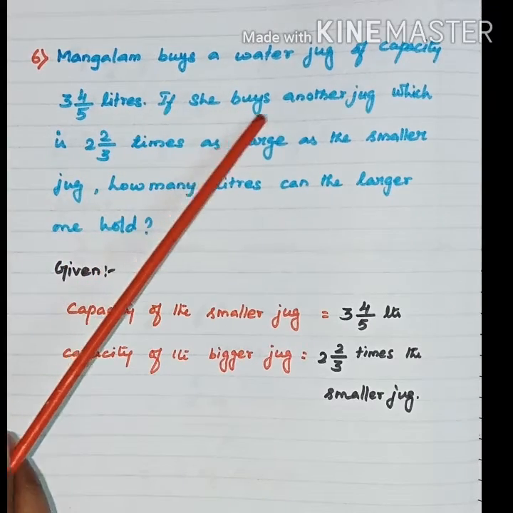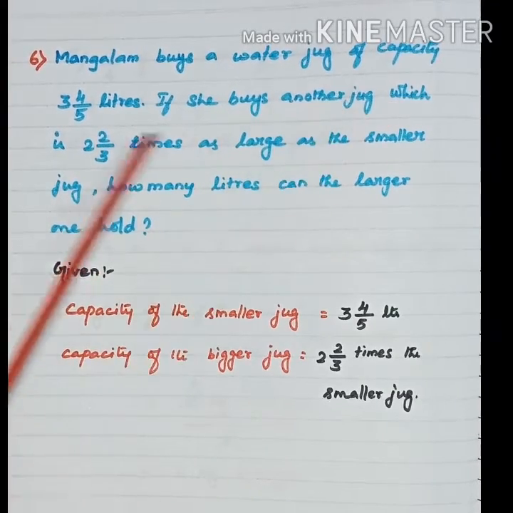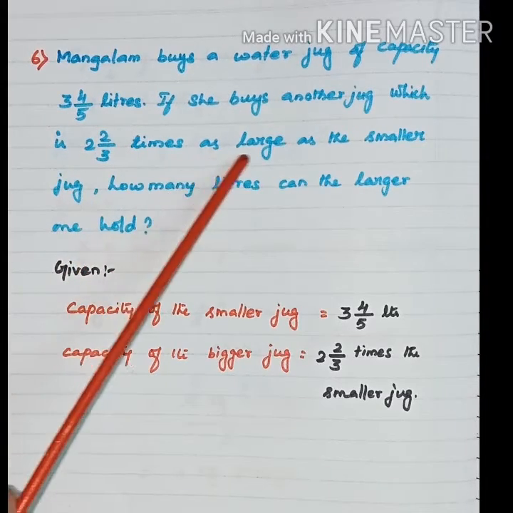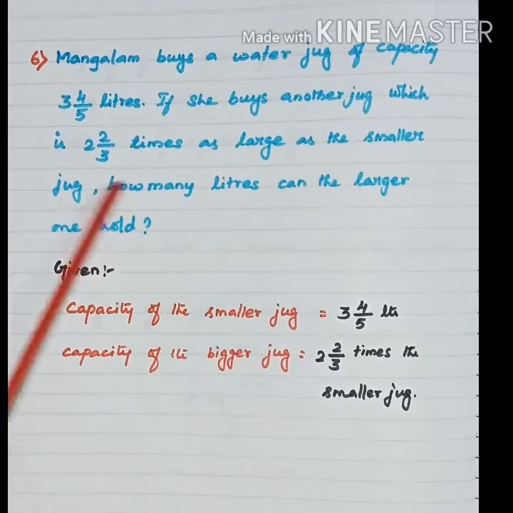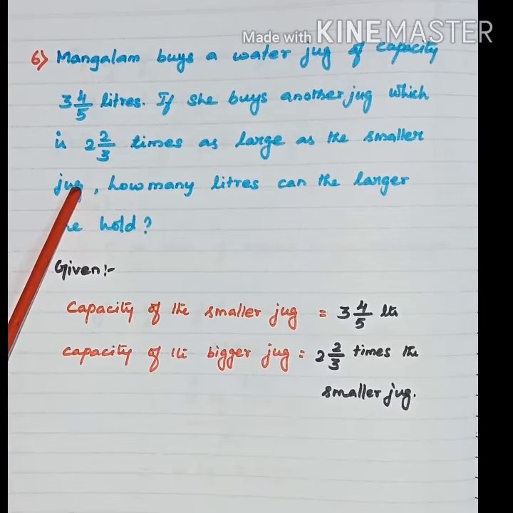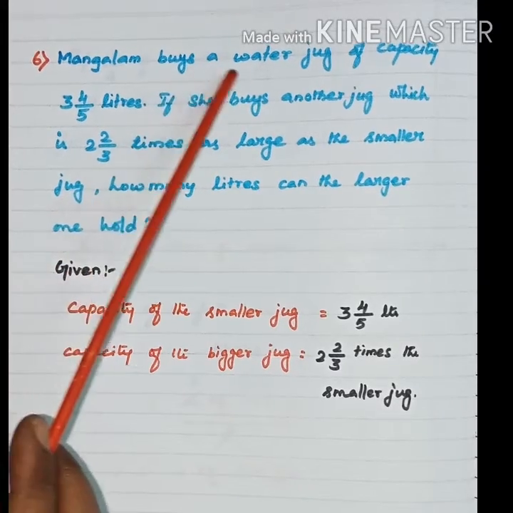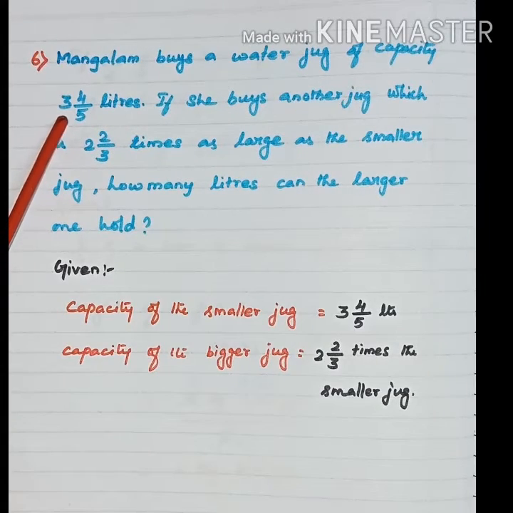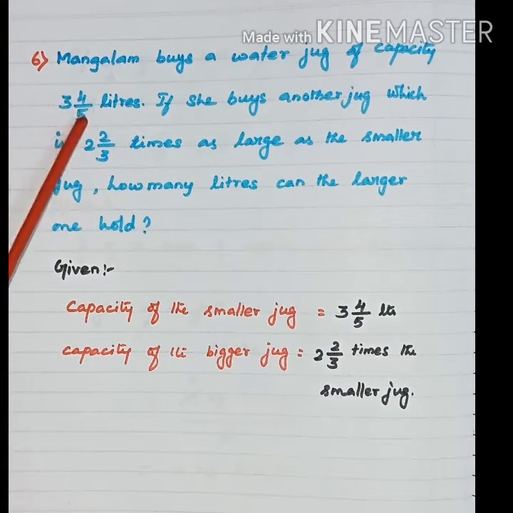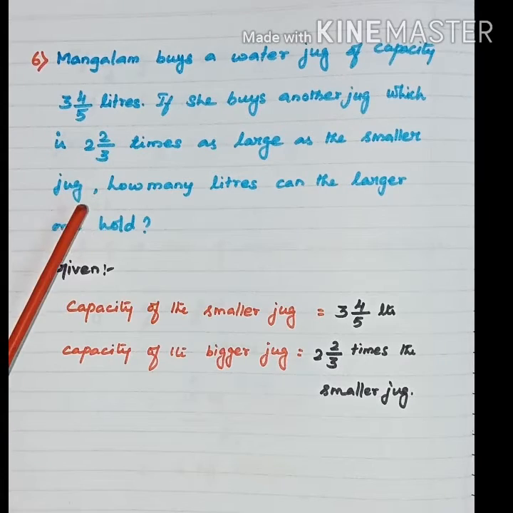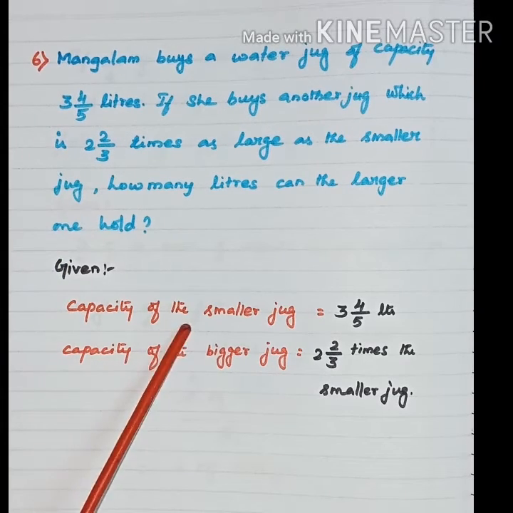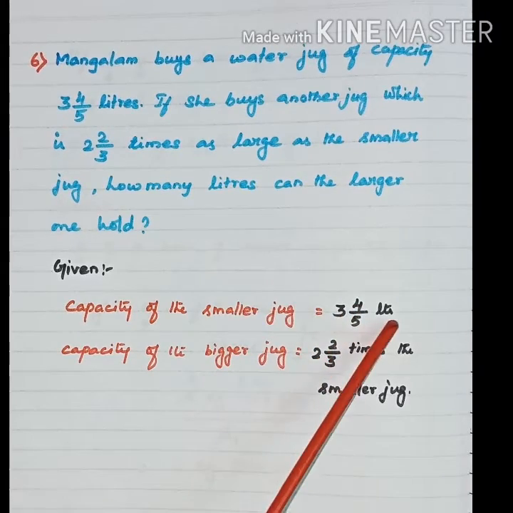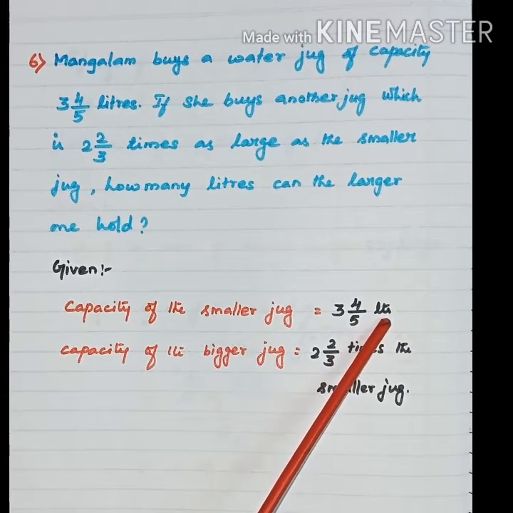If she buys another jug which is 2 2/3 times as large as the smaller jug. Therefore, the capacity of the smaller jug is equal to 3 4/5 liters.